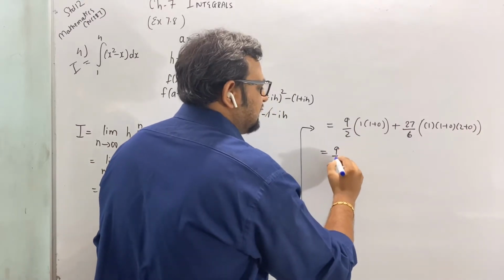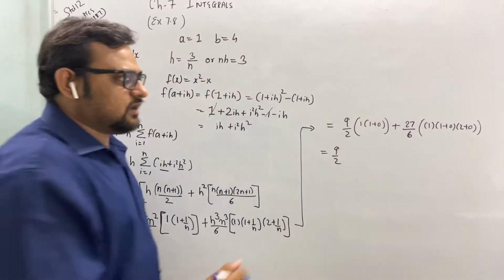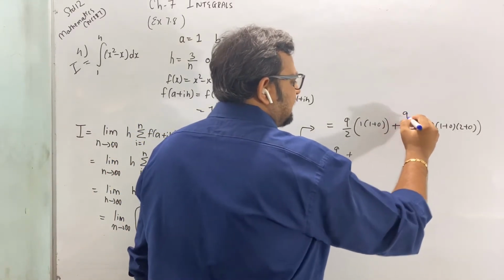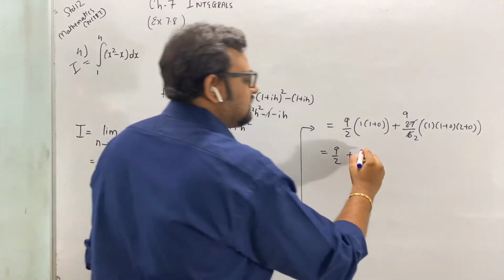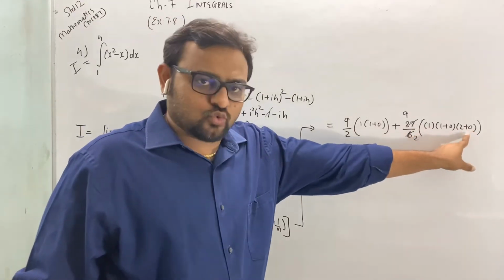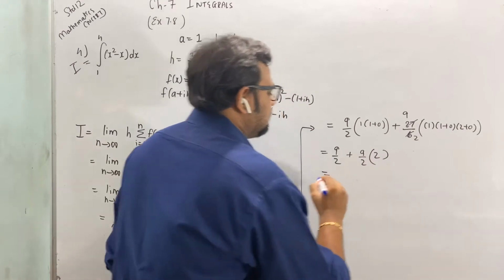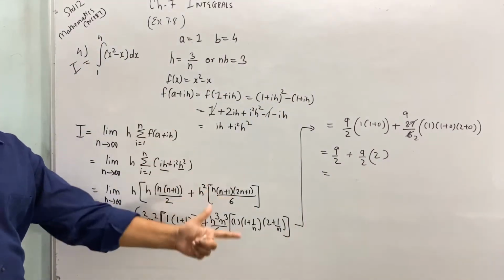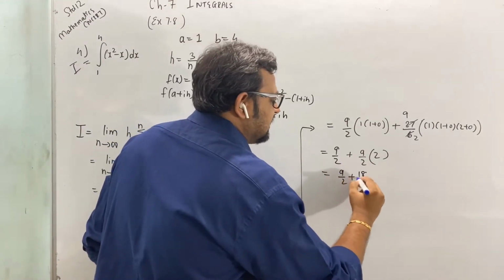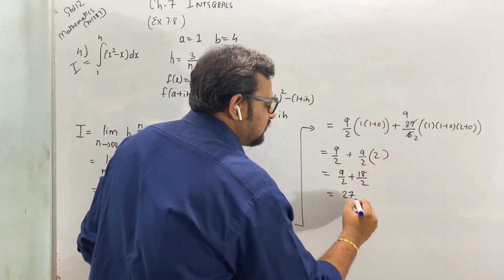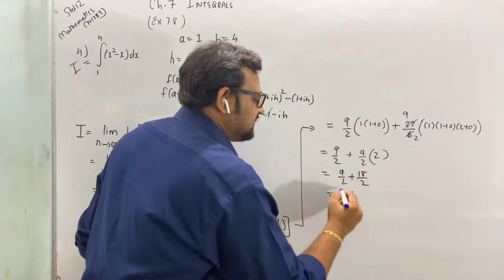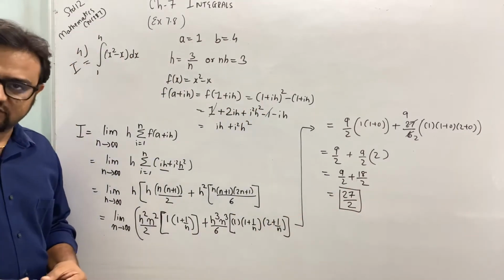So this will be 9 by 2 into 1 into 1, and 27 by 6, 3 twos are 6, 3 nines are 27, so again 9 by 2 into 1 into 2. So 9 by 2 plus 9 by 2 into 2, so 9 by 2 plus 18 by 2. This will be equal to 27 by 2. This is your answer.